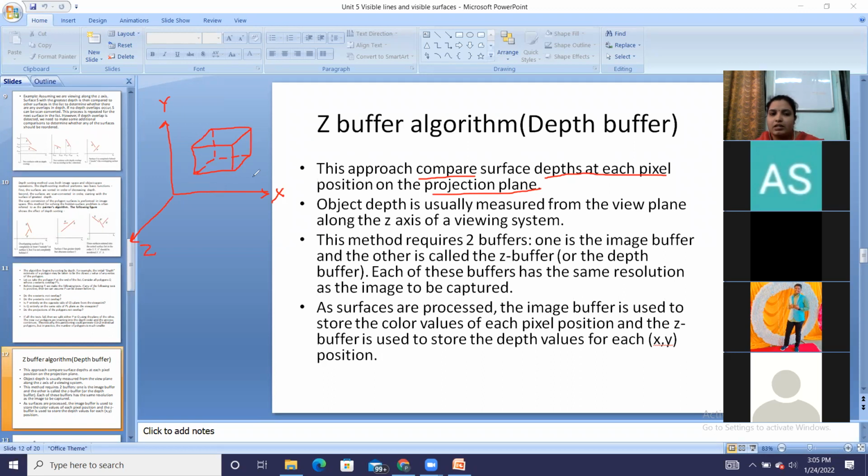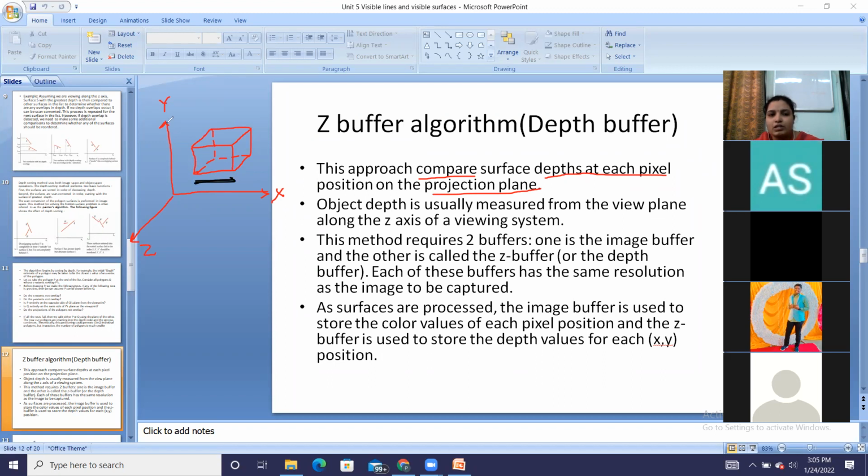So length is something related with the x value, that is the horizontal axis. So this is considered as the length of the cube, right? Horizontal line, which is called as length of the cube.